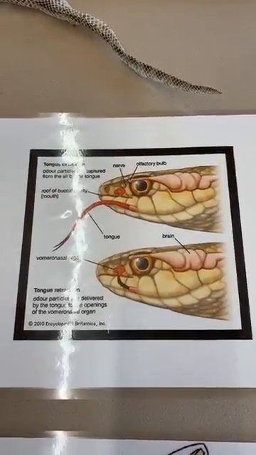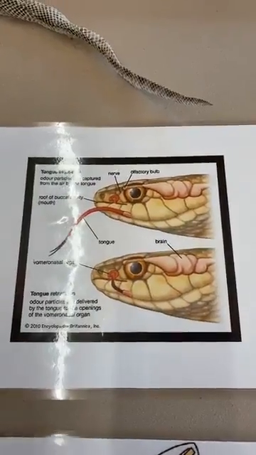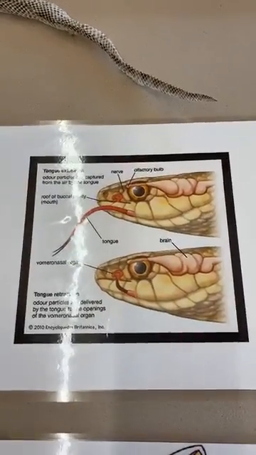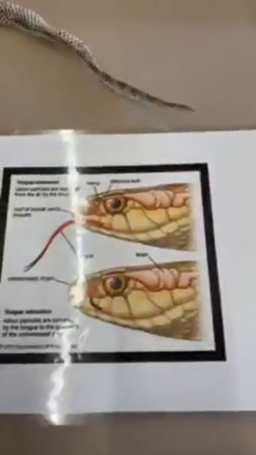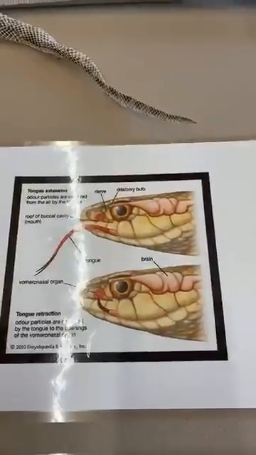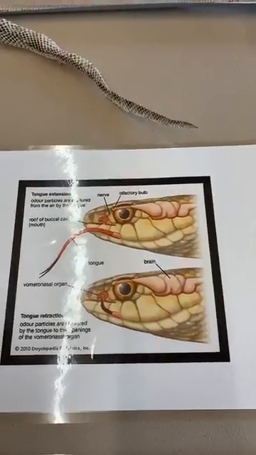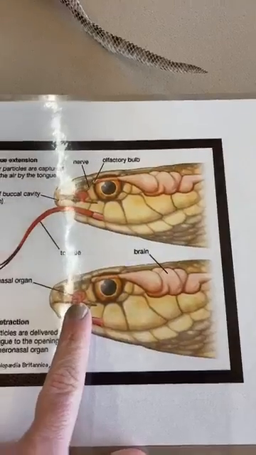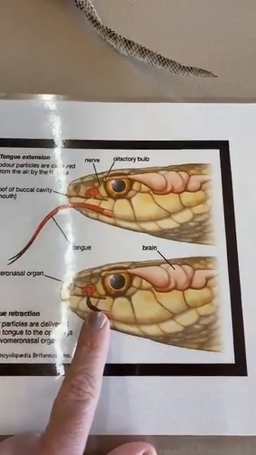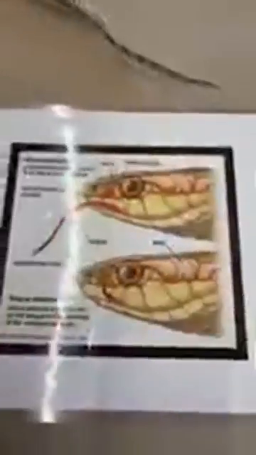When we take a big sniff in, those tiny little scent particles are floating through the air. Then the snake brings its tongue inside its mouth, and it uses something called the Jacobson's organ, which, if we take a look right here, is on the roof of its mouth. It sticks its little tongue in there, and that tells it what it is smelling.